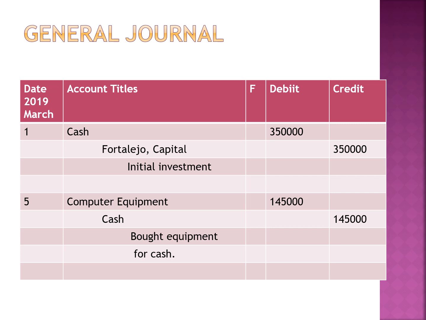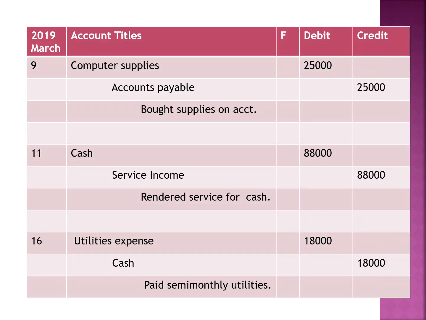Then we have the transaction on March 5. That was debit computer equipment, credit cash. So debit amount 145,000 and credit amount 145,000. The brief description was bought equipment for cash. Then one space before proceeding to another entry.